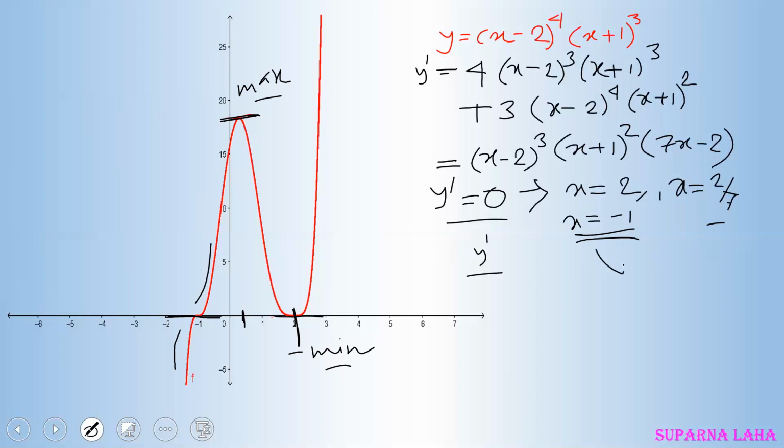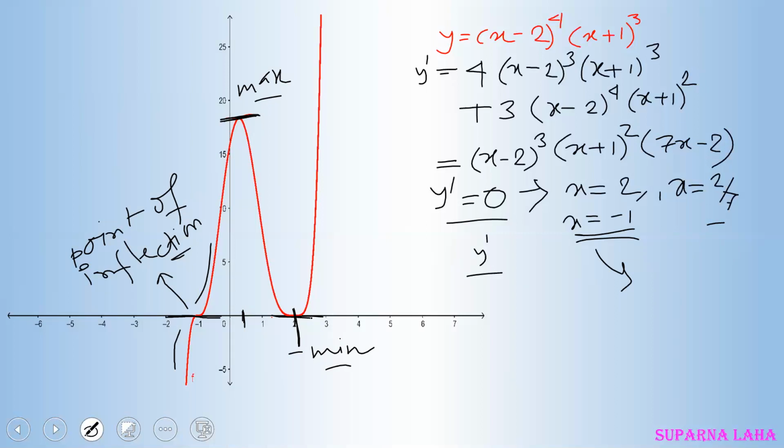So x equals minus 1 is called a point of inflection, and these other points are called stationary points, or you can say critical points, since f dash x is 0 at those points.